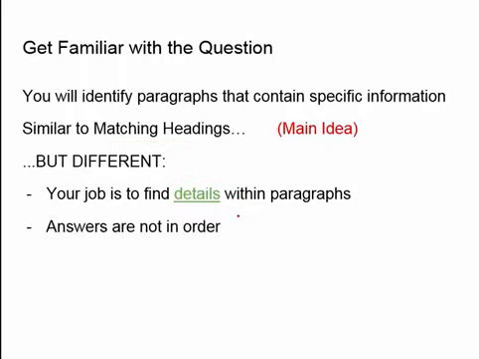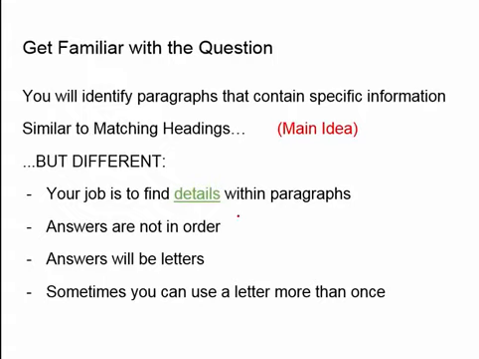Answers will not come in order. So unfortunately, if you find an answer to number 3, then numbers 1 and 2 may not necessarily come before that answer in the passage. So you're going to have to scan the whole passage for each question. Answers will be letters, as we said before. The paragraphs will be labeled with letters, and those will be your answer choices for this type of question.